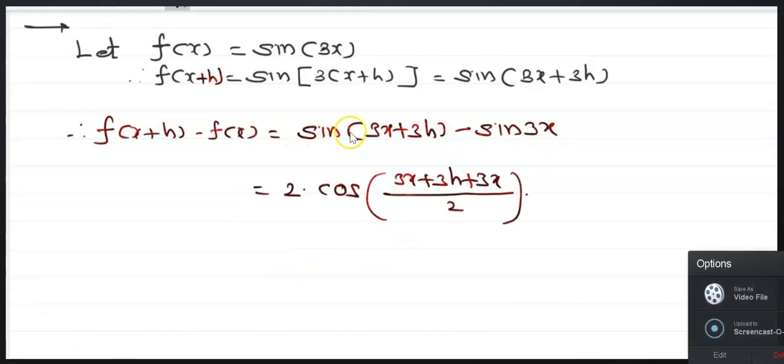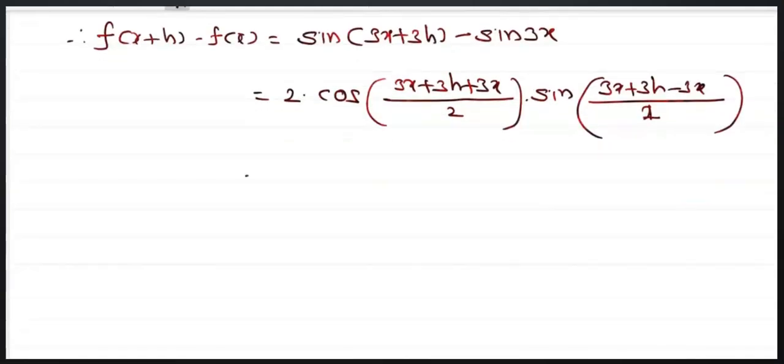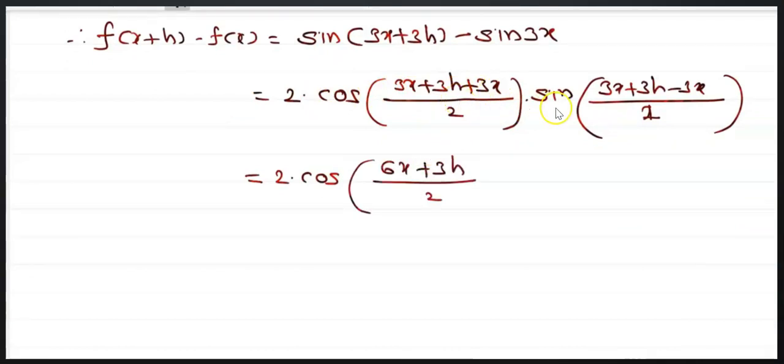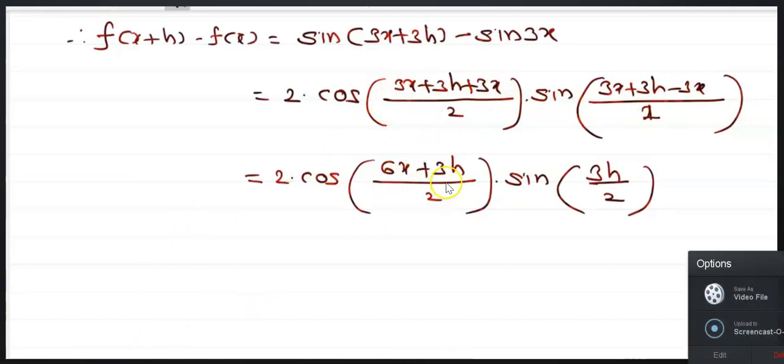That is equals to 2 times cos of (c plus d) upon 2 into sine of (c minus d) upon 2. And if we see this here, 3x plus 3x is 6x plus 3h upon 2, and 3x minus 3x get cancelled. That is sine of 3h upon 2.